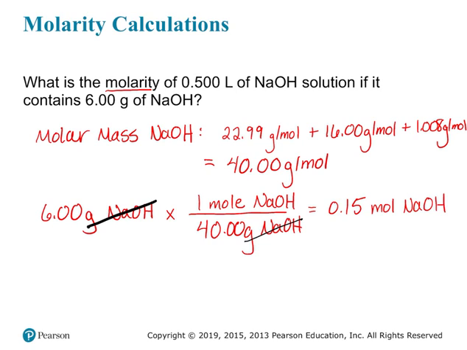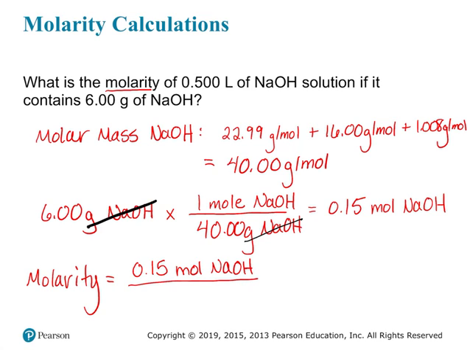Okay, so now we can calculate the molarity concentration. All right, so remember molarity is moles per liter. So now we have the moles of NaOH, so that's 0.15. And we were already told the liters of solution, which was 0.5 liters.